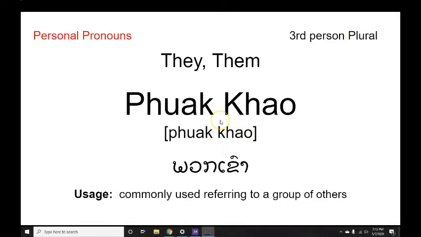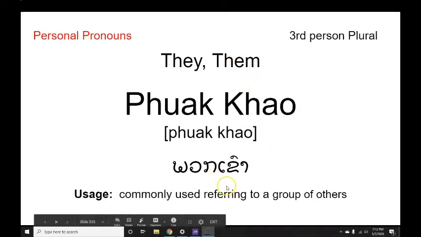Okay? The other one was puak how with an H at the beginning. Okay, but this is puak cow. So this refers to they or them. Okay? And it's referring to a group of other people that does not include you.